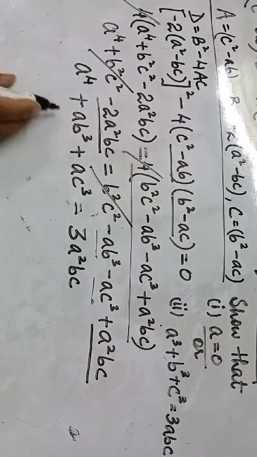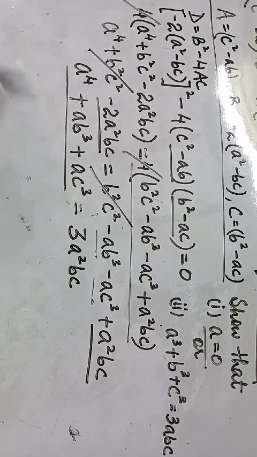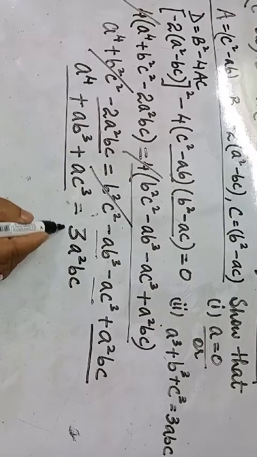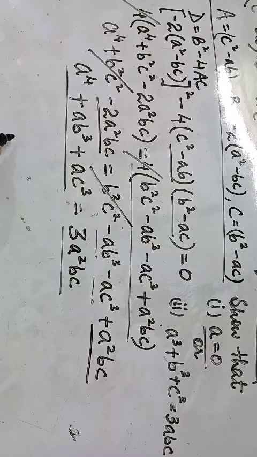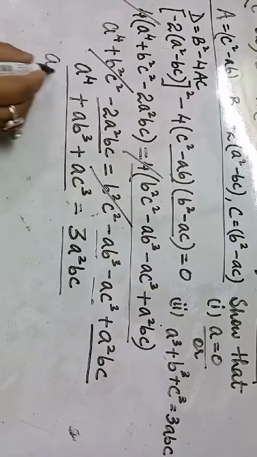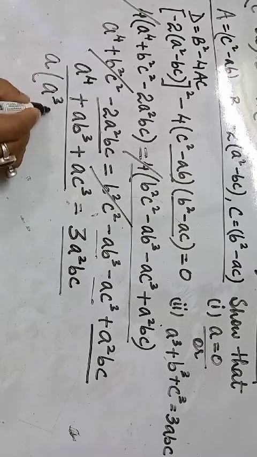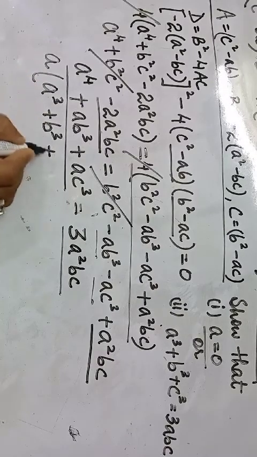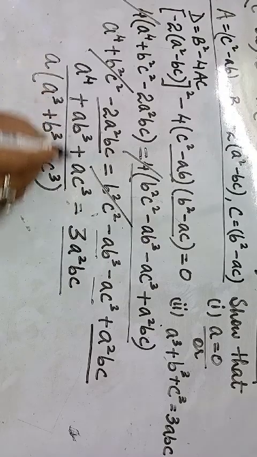In this term over here and in this term over here, there is one thing that is common. A is appearing in all these three terms, so I am going to simply take out a from these three.